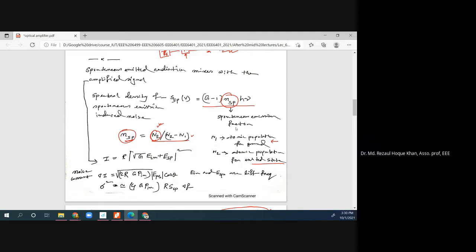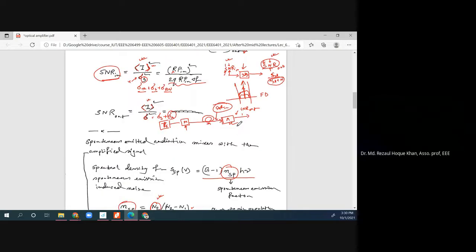Okay. So the noise current I is always a combination of the incident optical power plus the stimulated optical power. Now what happened? There is a phase difference between these two signals. Let me explain.